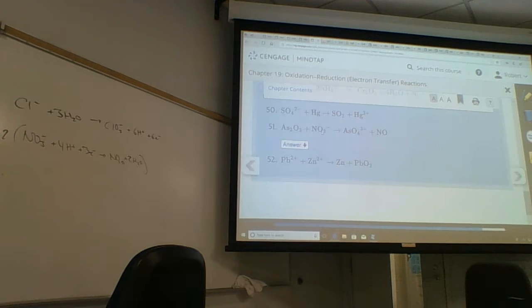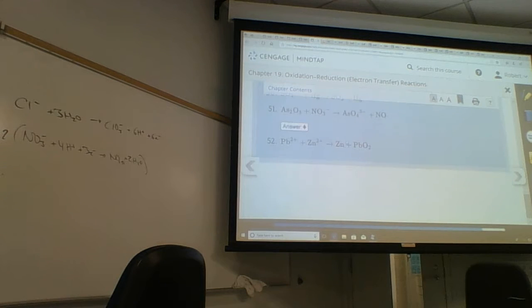As2O3 goes to AsO4 3 minus. Is that on the chart? No. Nitrate goes to NO, is that on the chart? Yes. Pb2 plus goes to PbO2, is that on the chart? No. Zn2 plus goes to Zn, is that on the chart? Yes.